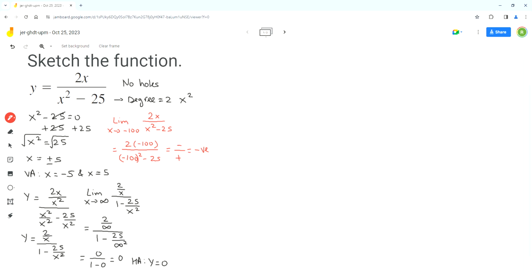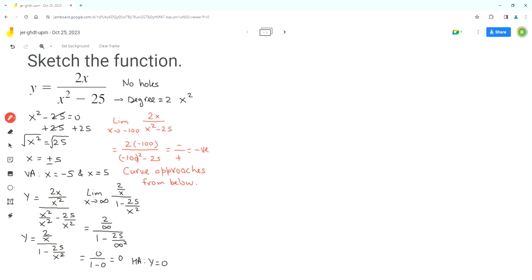That means on the left side, the curve will approach the horizontal asymptote from below, because the negative value that we get will be less than the zero at which the horizontal asymptote exists.